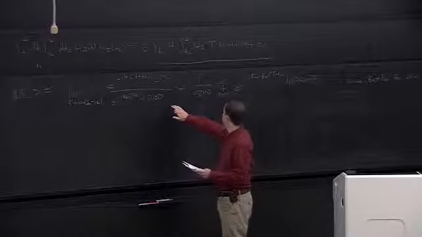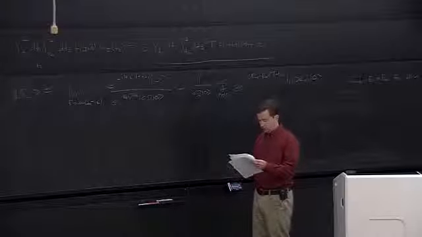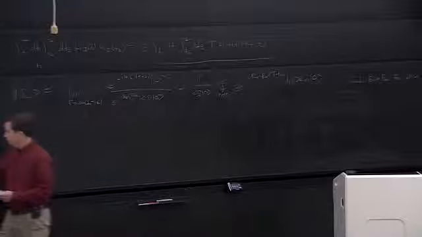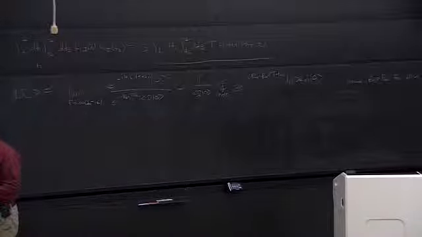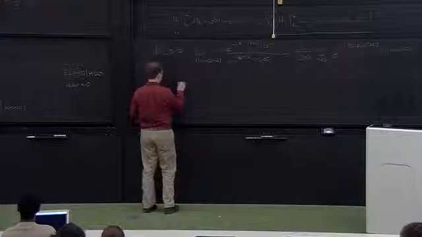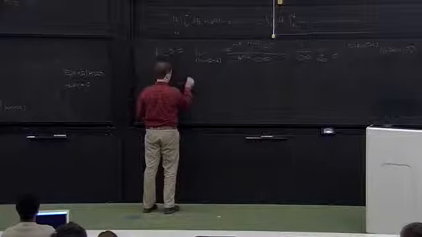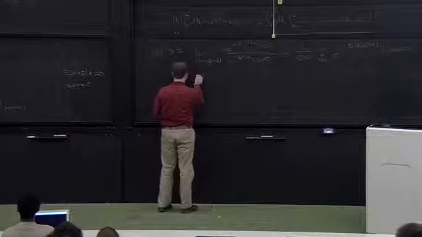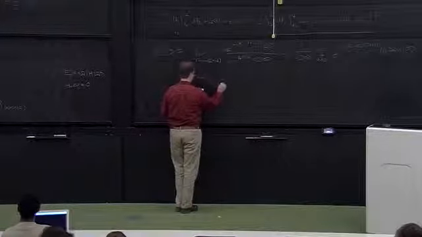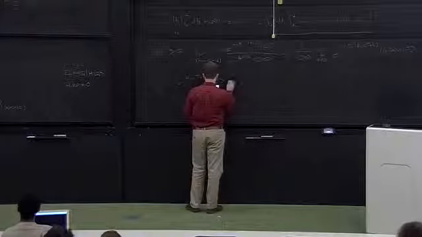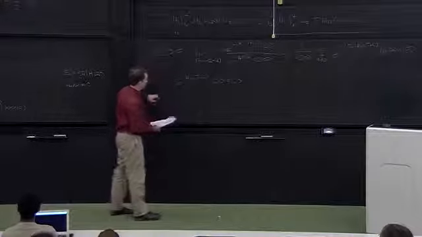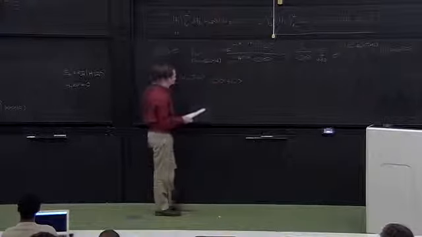Now, if we do a little more work, we can put this in an even more useful form. Because we're assuming that the energy of our free theory is 0, if we act with the free time evolution operator on the free vacuum, we just get back the free vacuum.